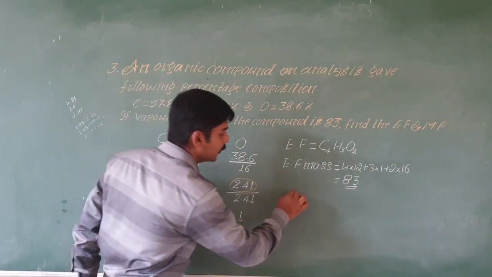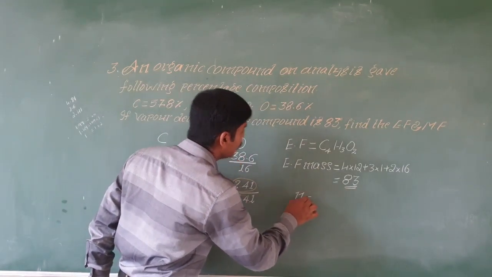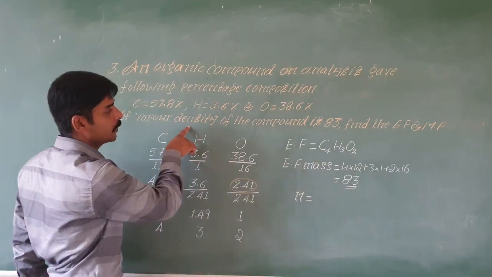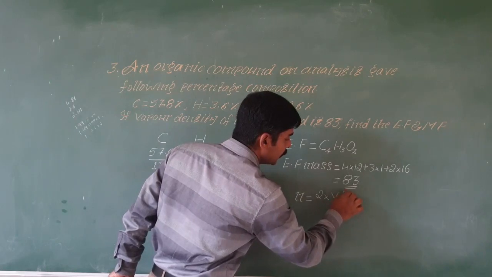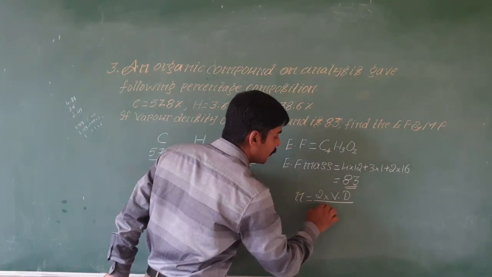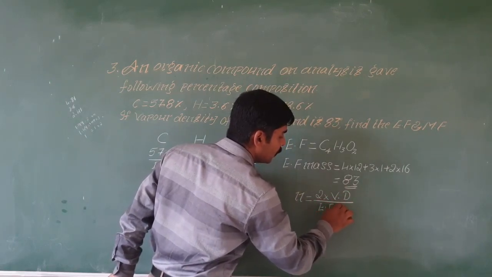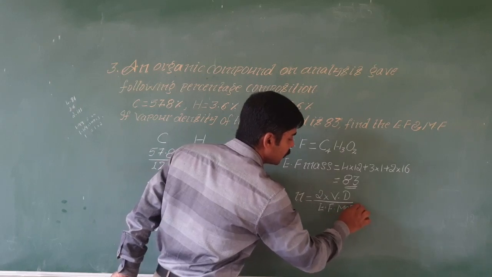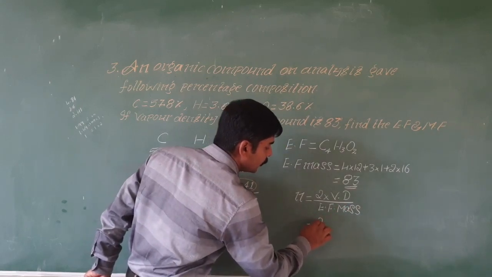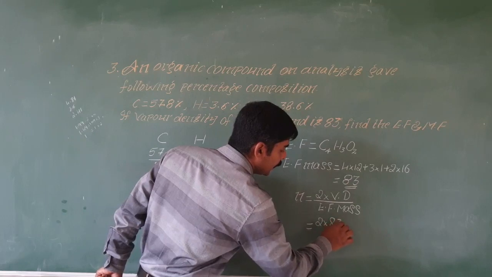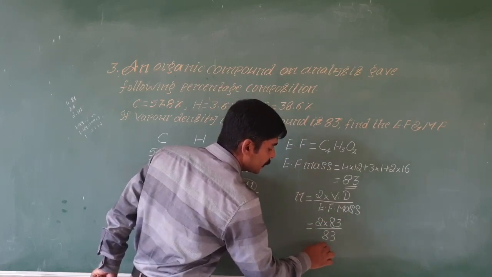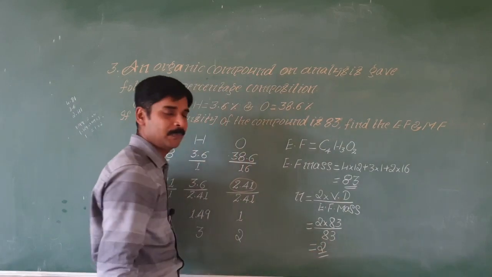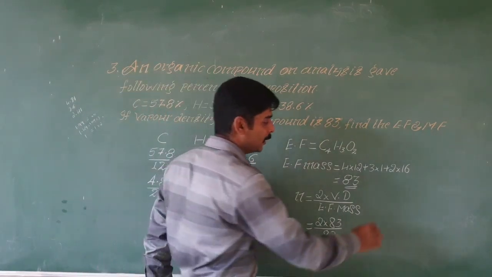Next you must find the value of n. n is equal to 2 into vapor density divided by empirical formula mass, since vapor density is given. This is equal to 2 into 83 by 83. So 83 will get cancelled, and the value of n is 2. Then how to write the molecular formula?